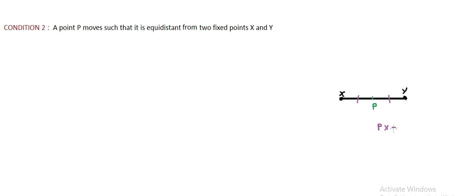Here PX equal to PY. Since P is the midpoint, it divides the line segment into 2 equal parts. So PX and PY will be equal. So this point P satisfies the given condition here.